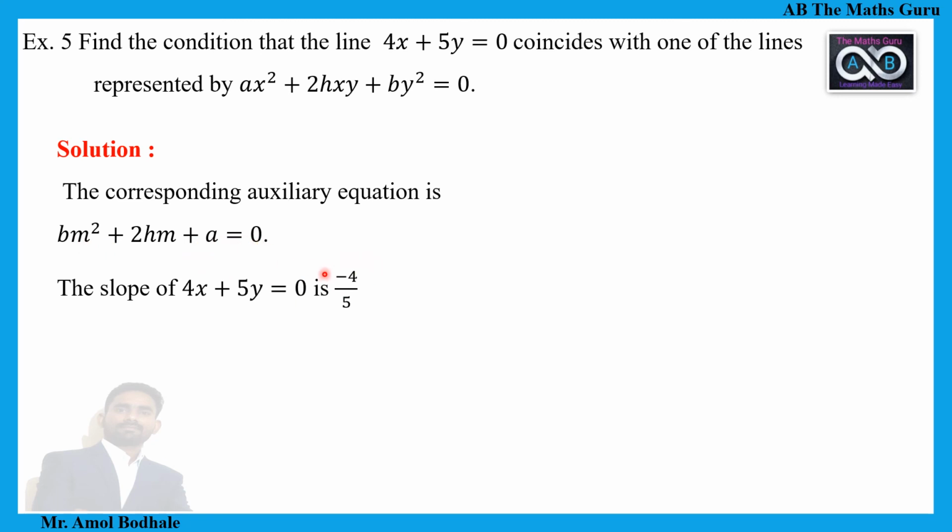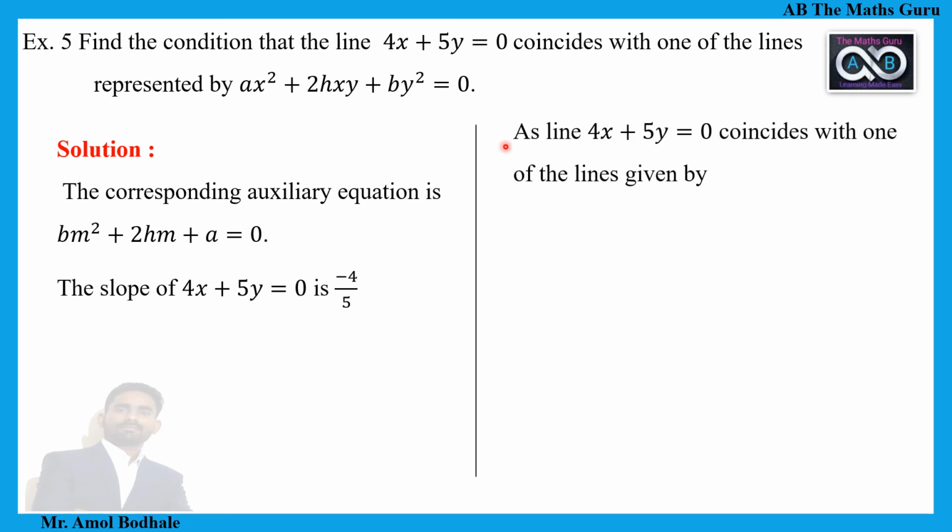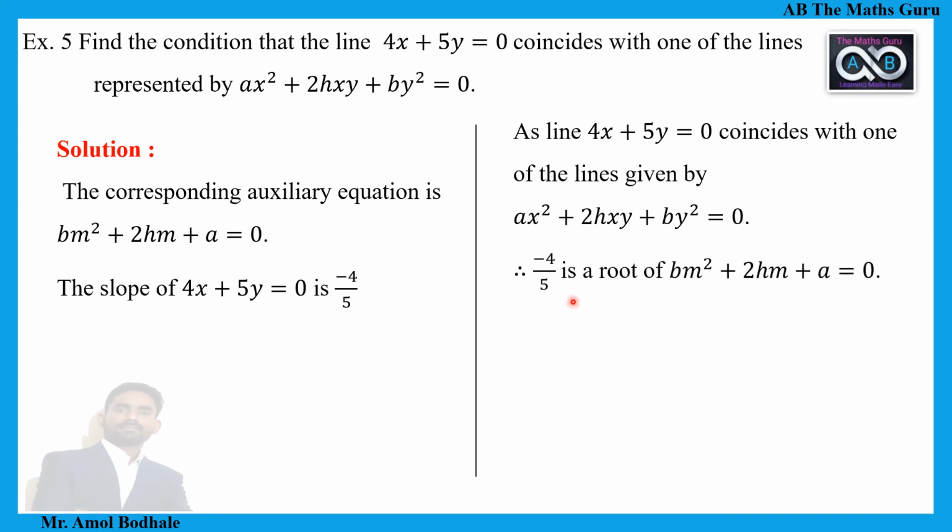Therefore minus 4 upon 5 will satisfy this equation, as the line 4x plus 5y equal to 0 coincides with one of the lines given by ax square plus 2hxy plus by square equal to 0. This value minus 4 upon 5 is a root of the auxiliary equation bm square plus 2hm plus a equal to 0.